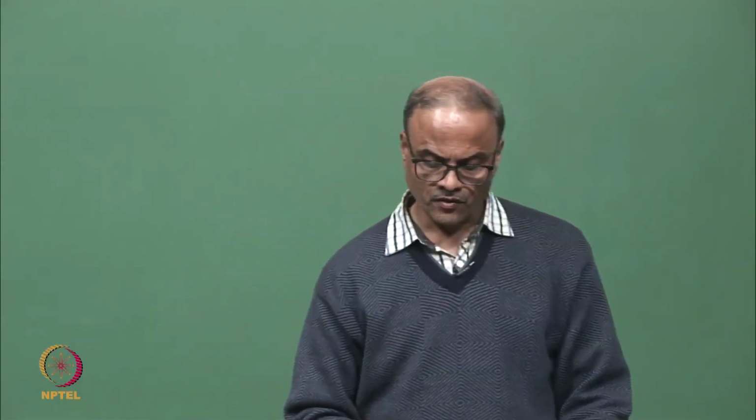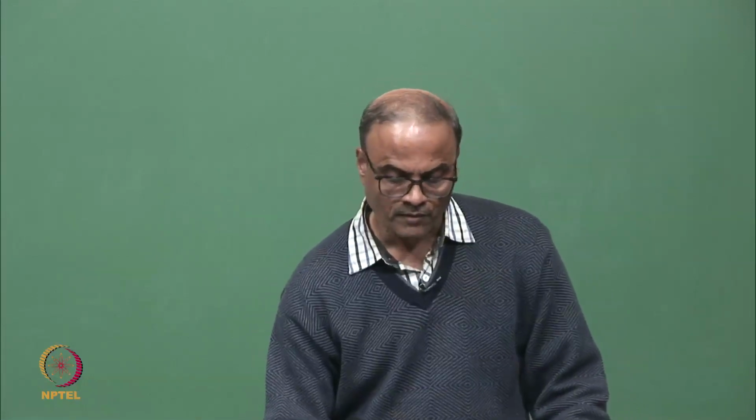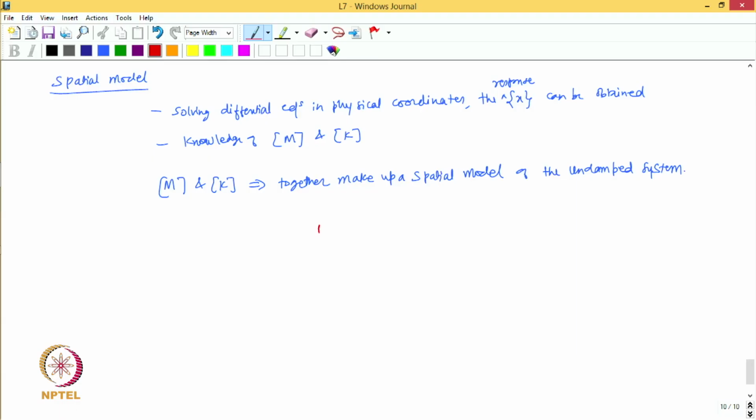So, if I am given the spatial model in terms of the mass and stiffness matrix, right, and then if we are given the excitation forces acting on the system, then we can solve using this model the output response of the system.